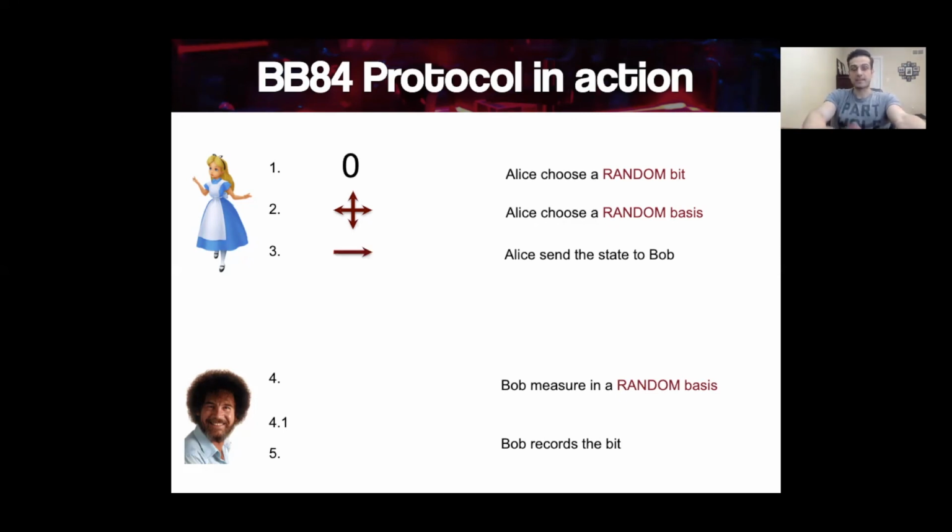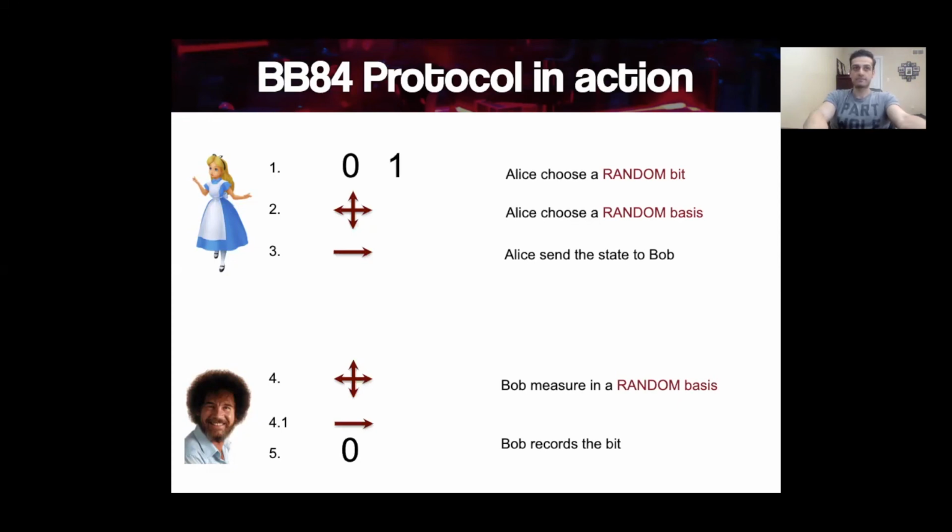Because it's a 0, it's going to be horizontal, a 1 is vertical, and that's just the choice of encoding made here. So what Alice sends is a horizontally polarized photon to Bob. Bob is going to measure in a random basis. Let's say Bob is just lucky and measures in the right basis. Bob's going to get the right polarization and get the right bit.